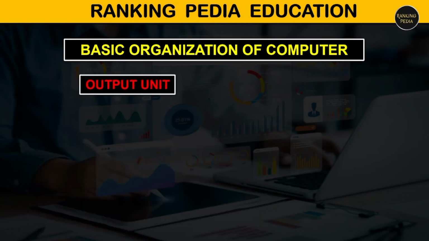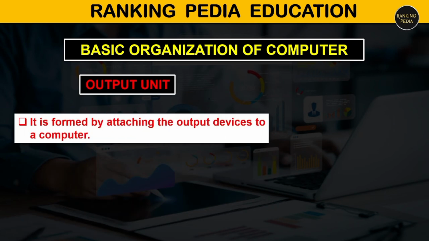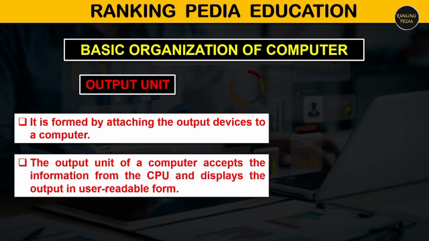Next is your output unit. The third important part of a computer system is the output unit. The output unit is formed by attaching output devices to a computer. We will see later what these output devices are. The output unit of a computer accepts information from the CPU and displays the output in a user readable form.